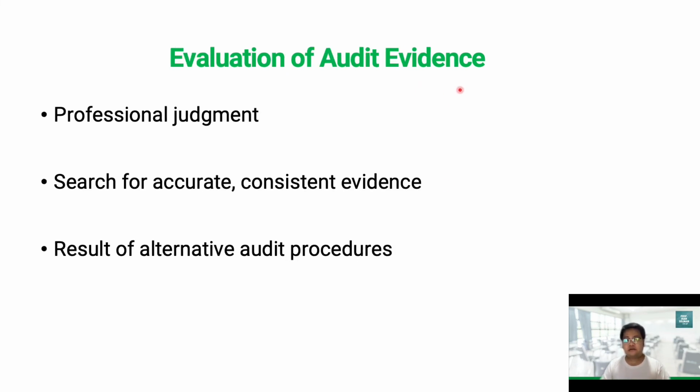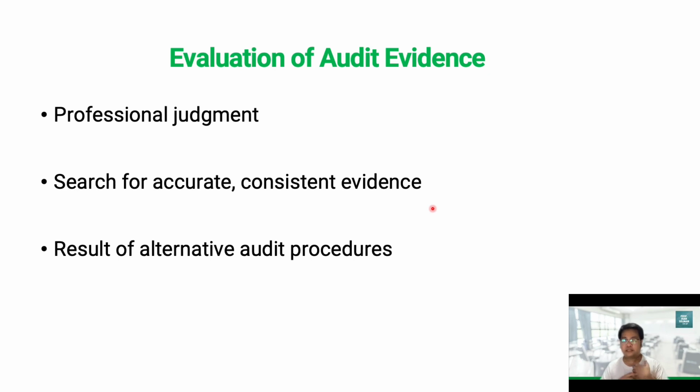Finally, we evaluate the audit evidence that we gather using our professional judgment. But remember, we consider the factors that we mentioned earlier in the summary in arriving at that judgment or course of action. Usually, what we consider are evidence that are accurate and consistent among different sources.